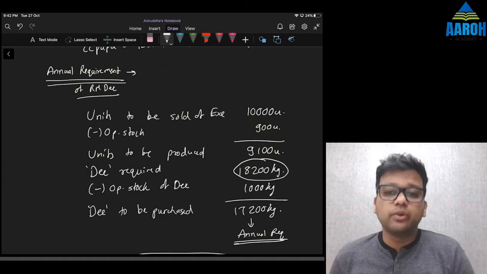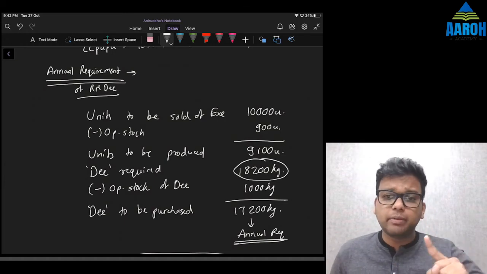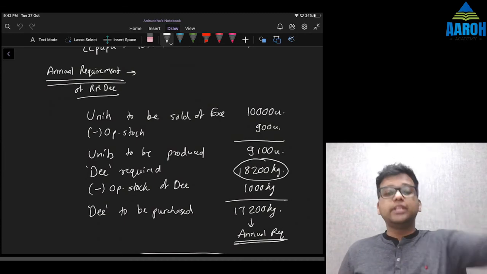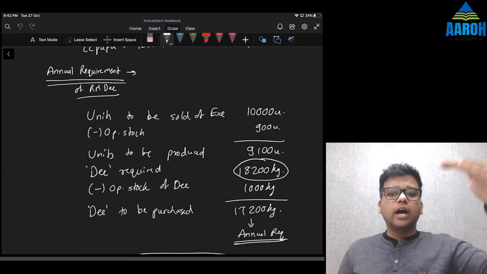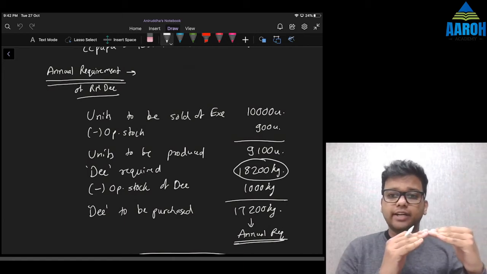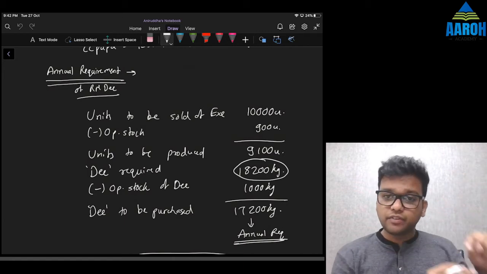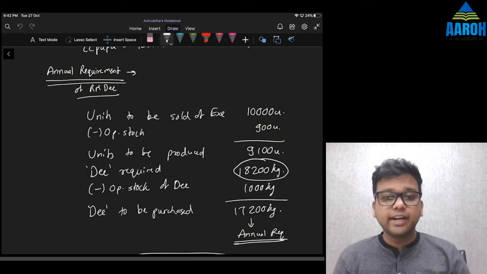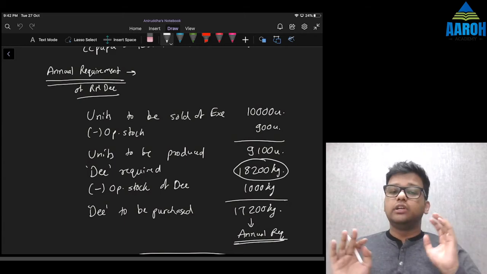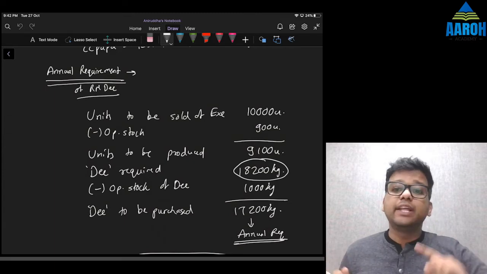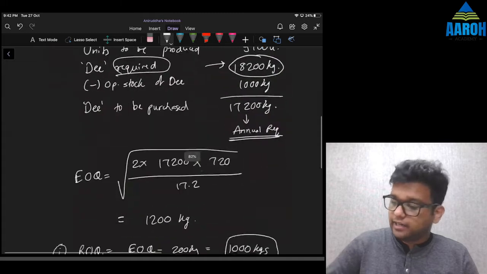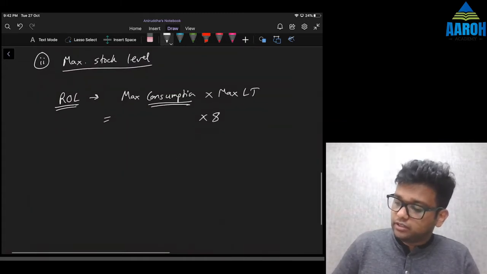That is the basis of ROL, because ROL depends on material consumed. Even if we have something in opening stock, ROL will have to be adjusted according to that. So opening stock matters for ROL, but for EOQ we are not going to consider it. That is why we deducted opening stock for EOQ. So for ROL we need material consumed, so 18,200 per annum is our annual consumption.